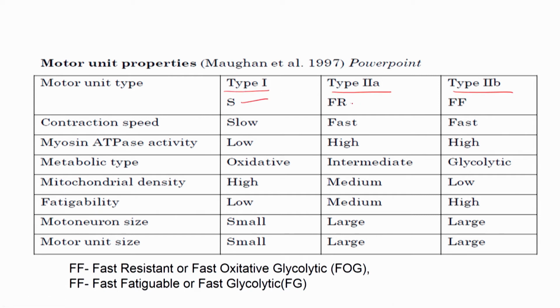Now slow, fast fatigue-resistant, fast fatigable. Now contraction speed is slow, this is fast, and this is fast. There are, depending upon the cellular composition. If you look at the fatigability, this is low fatigability. It means it can stay there for a longer time. This is medium fatigability, this is very highly fatigable. Motor neuron size, this is a small motor neuron.